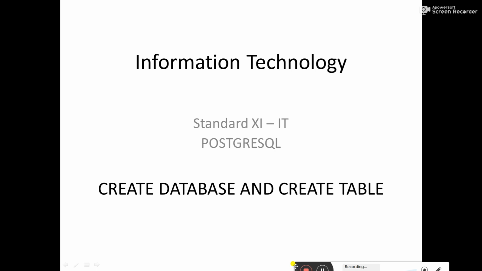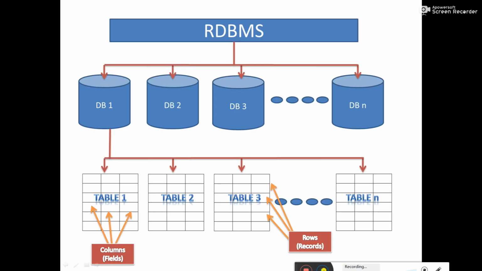Okay, as I already explained to you, the schema of a database. What was the schema of a database? Remember the schema? This is the schema of RDBMS, where RDBMS means Relational Database Management System. It is a software which is used to manage the database.